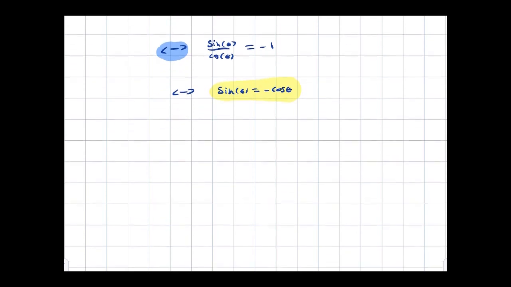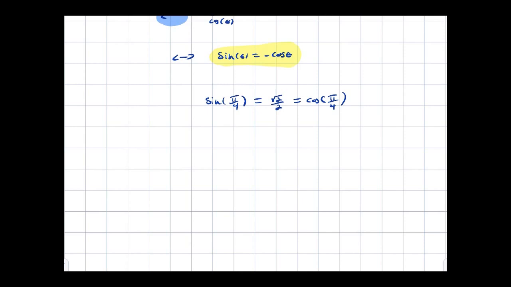Hopefully I know from my special triangles that sine of pi over 4 is equal to root 2 over 2, which is equal to cosine of pi over 4.